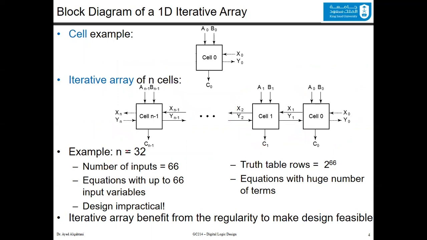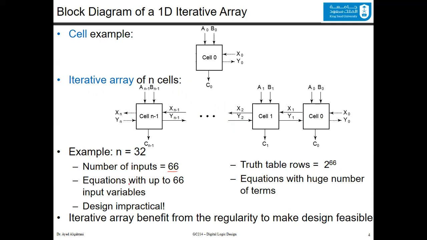This is an example. If you have n equal to 32, the number of inputs is equal to 66. If you count all the inputs here, it will be 66. Since the number of inputs is 66, if you want to build the truth table, it will be 2 to the power of 66.